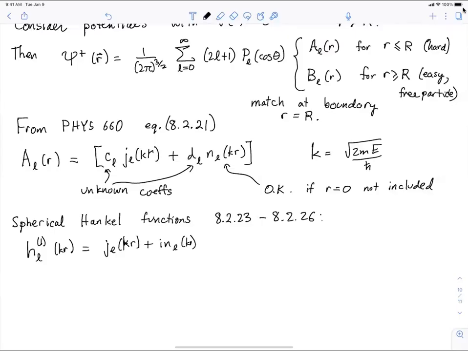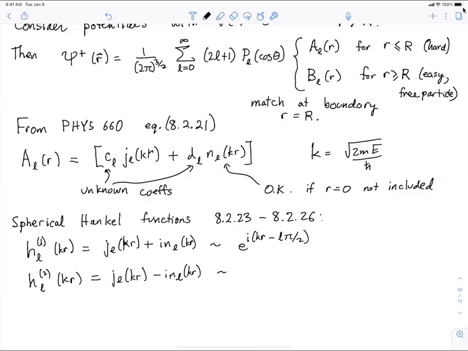And the spherical Neumann functions. At large R, what matters to us is they go like exponentials. The H1 function looks like an outgoing wave, and the H2 function looks like an incoming wave. They're just JL plus i NL and JL minus i NL.